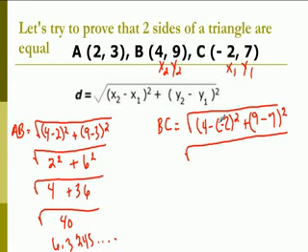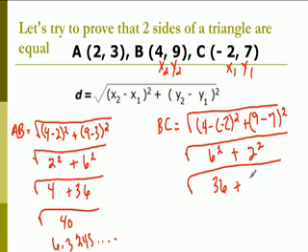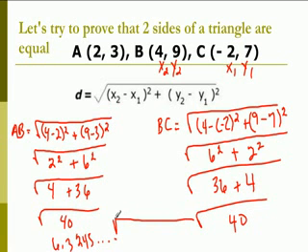On your calculator you're going to go 4 minus the negative, which is by the point, 2, which is 6 squared, plus 9 minus 7 is 2 squared. 6 squared is 36, plus 2 squared is 4, and as you can see it's starting to look the same, the square root of 40. Well, we know they're the same without doing the math because they're both the square root of 40.